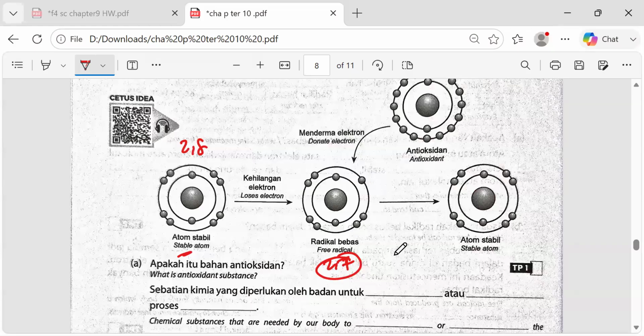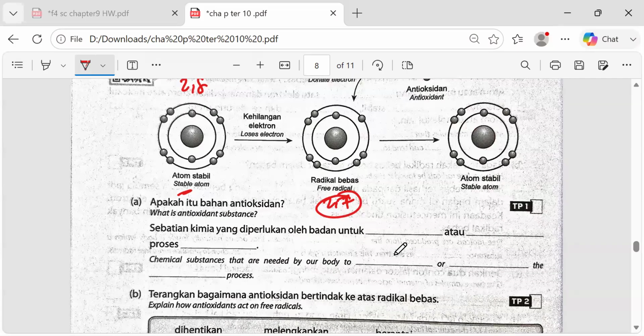Antioxidants are chemical substances needed by our body to slow down or stop oxidation.